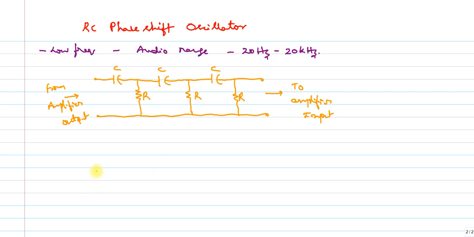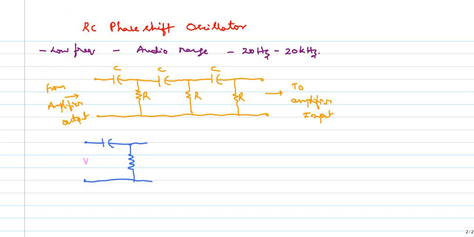Coming to the explanation of each and every part. First, we have only one capacitor and one resistor, so this is one RC section. Let us analyze this part.